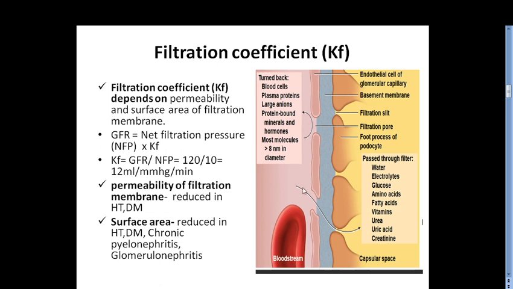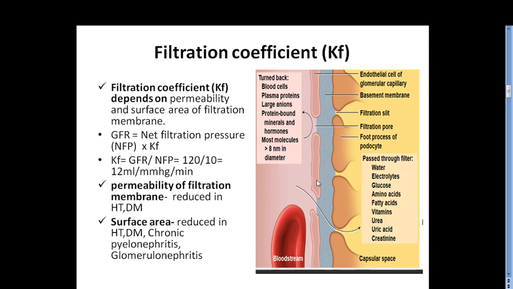There are different pathological conditions in which the permeability of the membrane is reduced, especially common chronic disorders like chronic hypertension. In chronic hypertension, because of high pressure, the capillary layer gets damaged and ultimately becomes fibrosed. So its permeability gets reduced, and its surface area also gets reduced. Similarly, in diabetes mellitus, these capillaries get damaged and fibrosed.